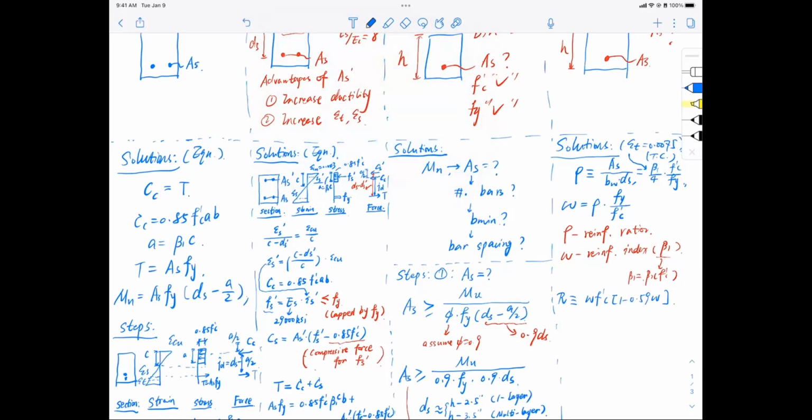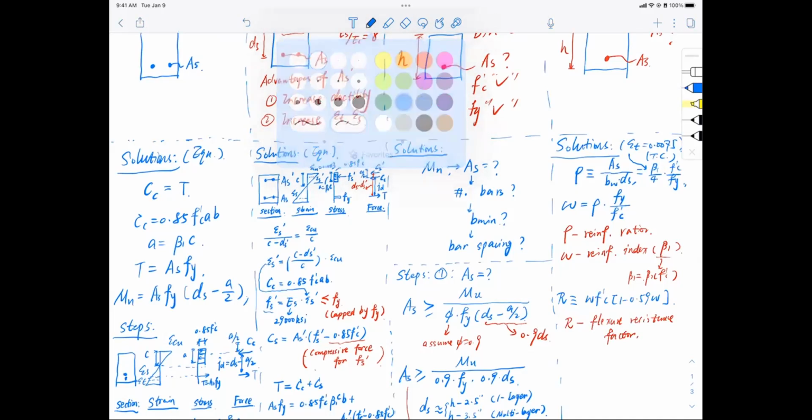And this R is called the flexure resistance factor.